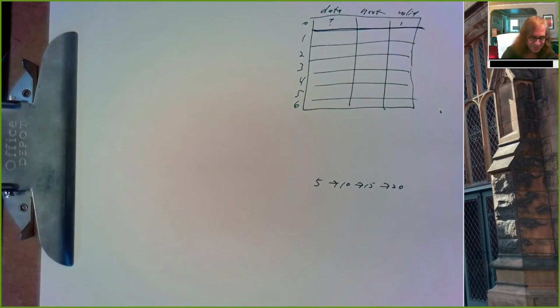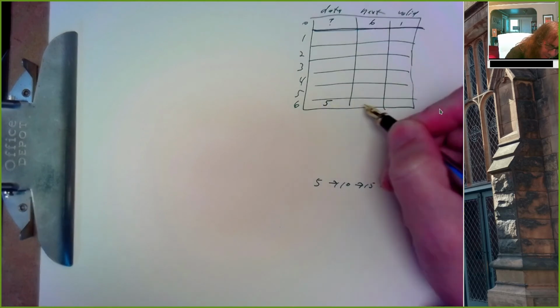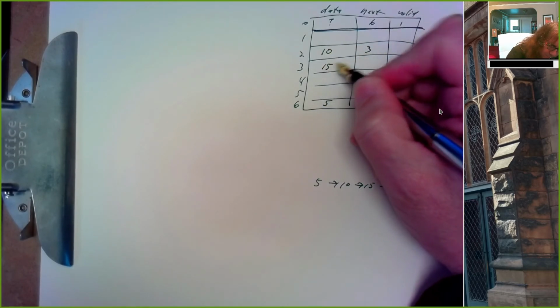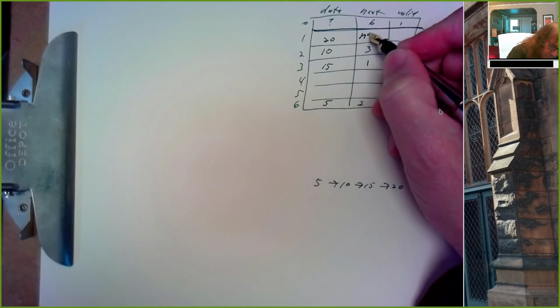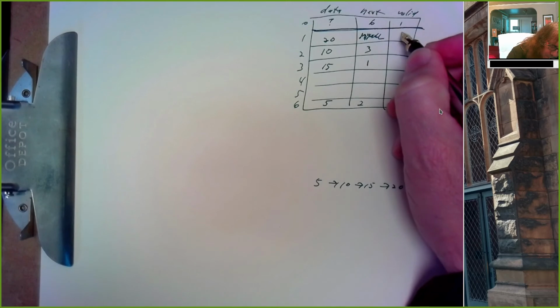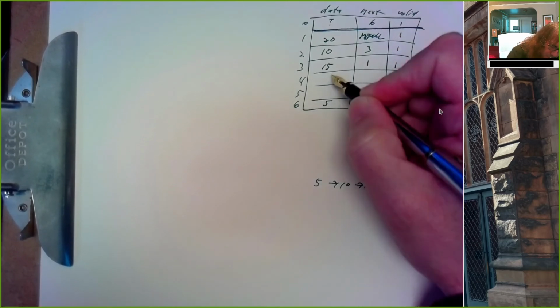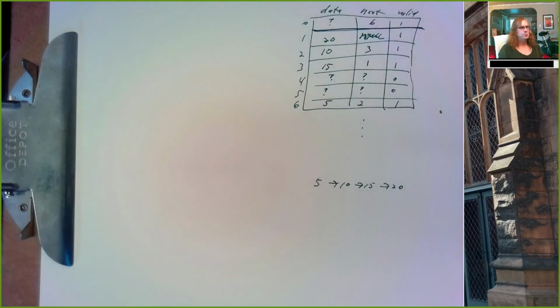So I'm going to make a totally synthetic arrangement of things here. Now let's say this is what my array looks like.